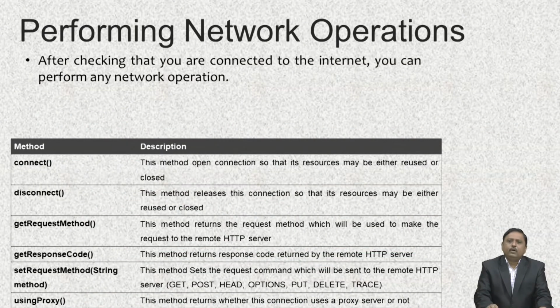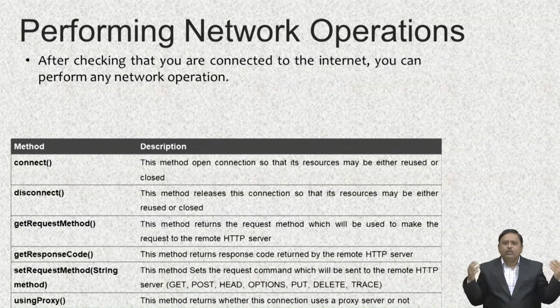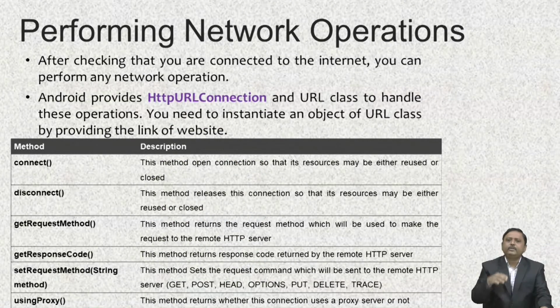Now let us understand how we can perform network operations. Various kinds of operations we can perform after checking your connection to the internet. Now what are those operations? Android provides the HttpURLConnection class and URL class to handle these operations.